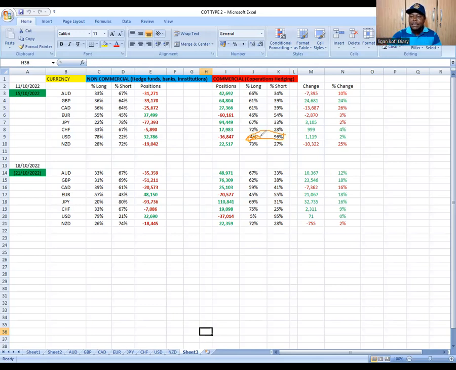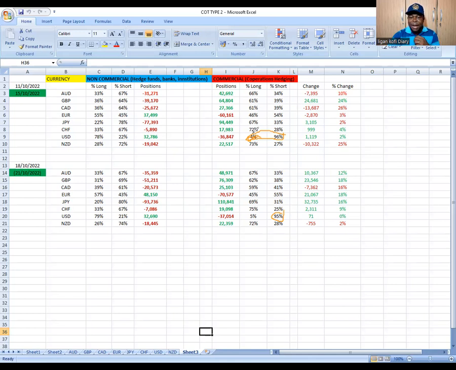So once it has hit the peak of its strength, we should begin to see the reduction of the short and then an increase in the long. And you see the reflection of that this week. Last week, the sales were 96, but this week the sales have reduced to 95. It means what I said is true. We are beginning to see the drop in the strength of the USD because it has hit its peak.